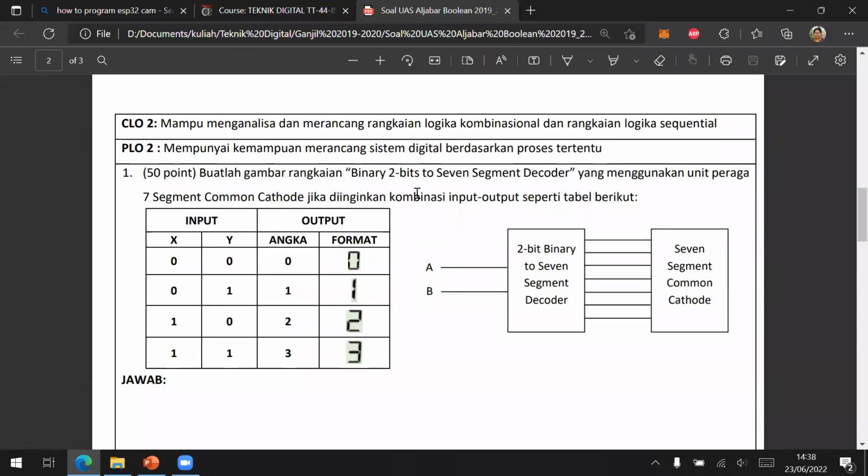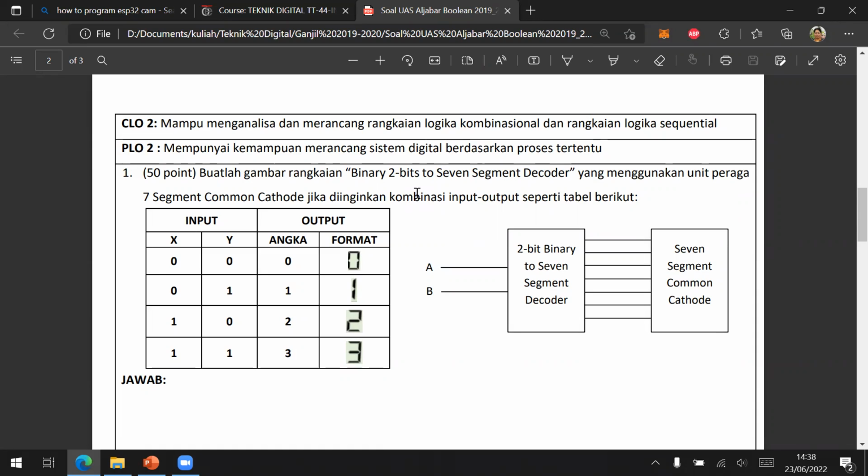This is the final exam from 3 years ago, I believe. Now, we are aware that there is an integrated circuit that will decode a BCD to 7 segment. So we call it a BCD to 7 segment decoder.